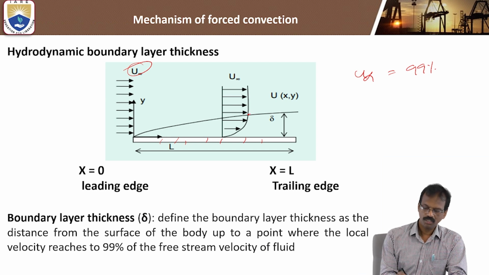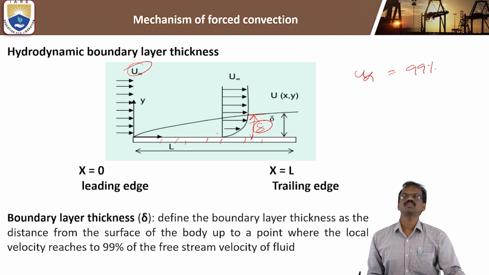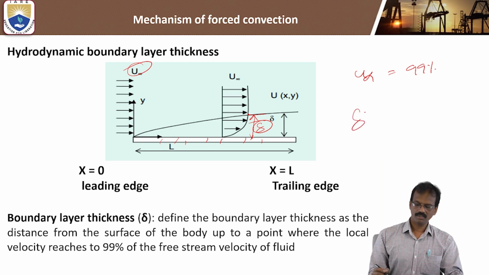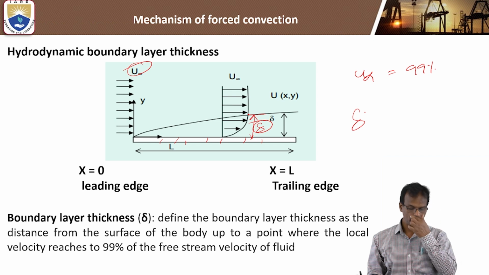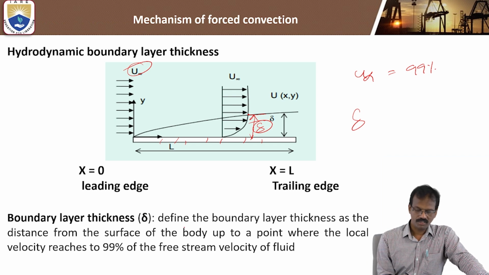So the distance from that position to the surface is nothing but the boundary layer thickness, represented by delta.